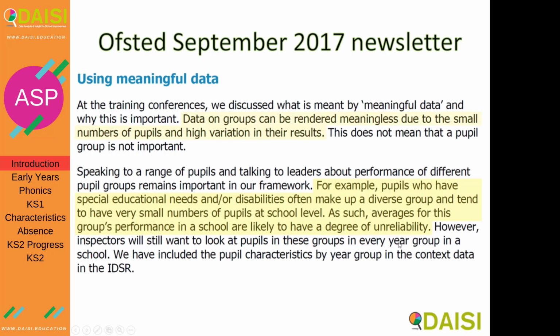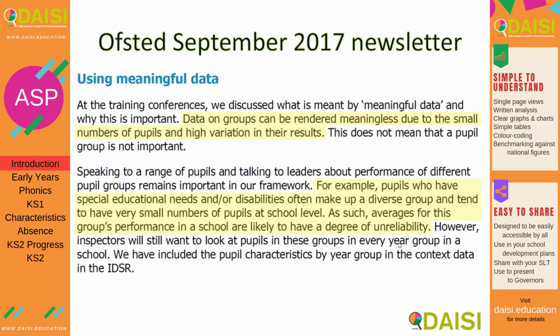Additionally, data on groups can be rendered meaningless due to the small number of pupils and high variation in their results. So how is this translated? Well, Ofsted say that they will not, and here's the official terminology, comment separately on any individual cohort group which has under 11 pupils in a single year.